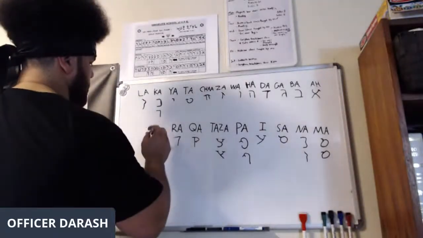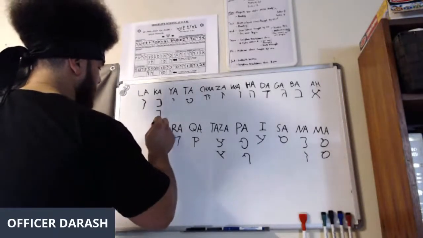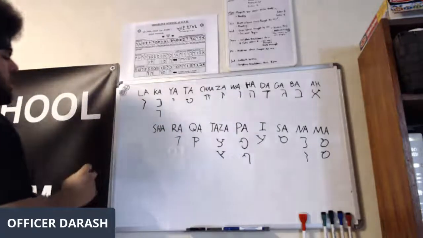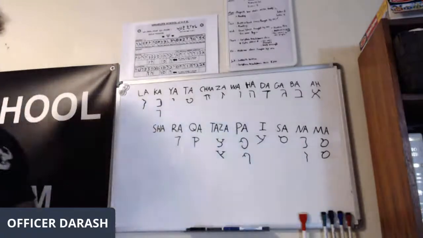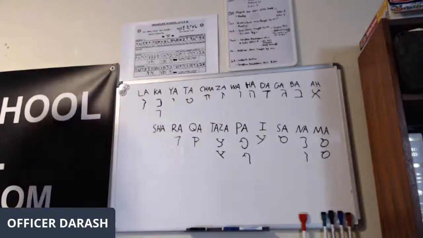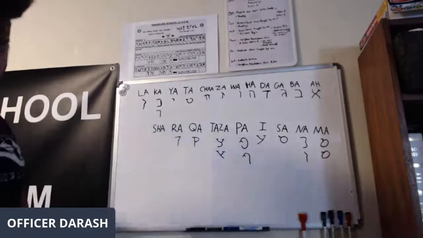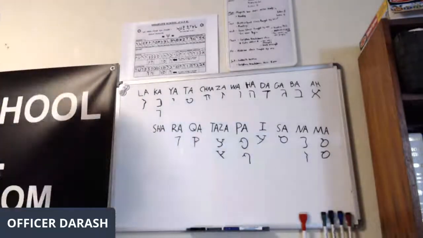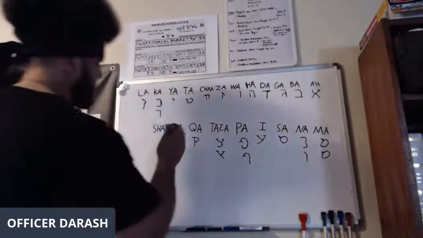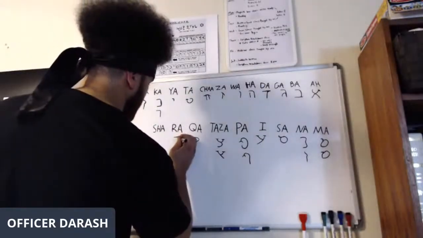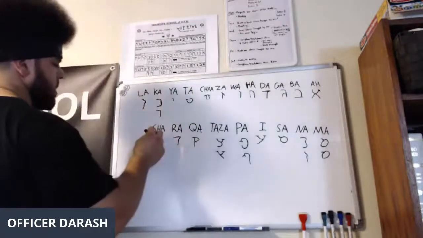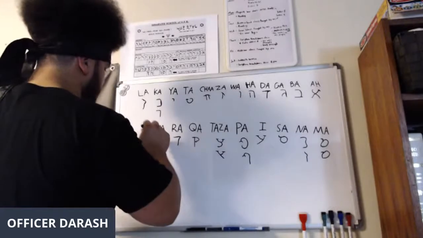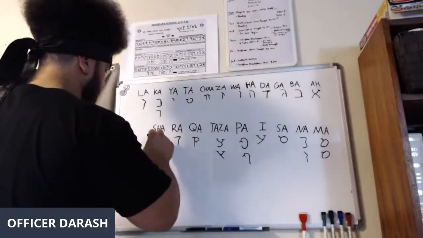Sha, and then Tha. So Sha, or what they call it, Shin. We call it Shan because there's no vowel points in the Lashawan Qadash. All right, no vowel points. Theirs looks like this, so it's kind of similar to ours a little bit.